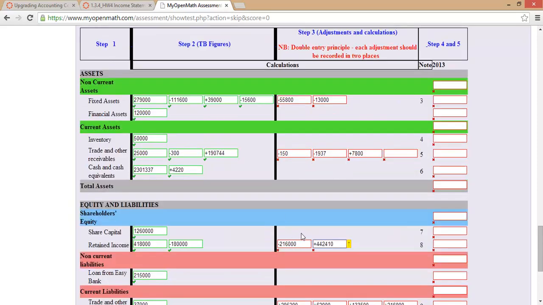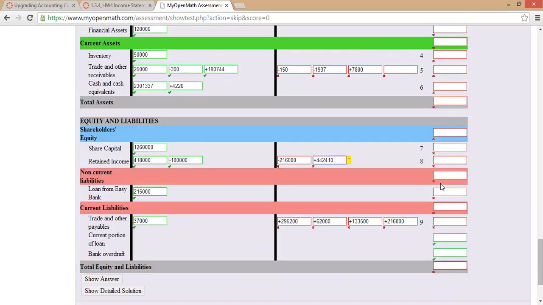It is included in my retained income line item. And then we can go and do the same for my balance sheet. We can total each line item, and we can calculate the subtotals for non-current assets, current assets, total assets, and the same for shareholders' equity, non-current liabilities, and current liabilities. So I'm quickly going to do that.